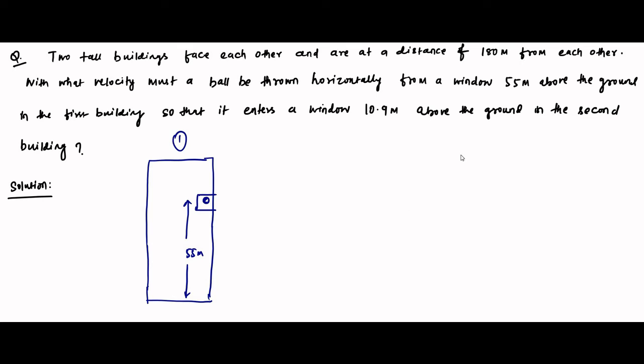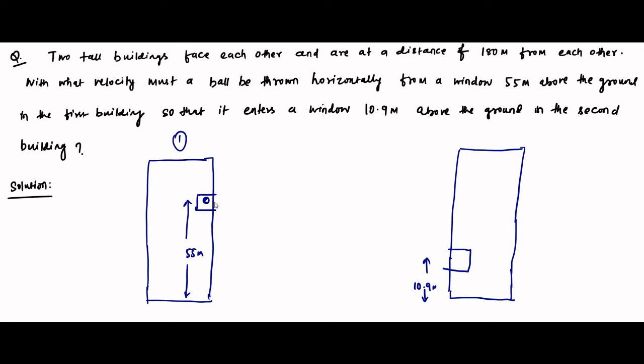And we have another building. Again, the height of the building is not mentioned. The thing which is mentioned is that there is another window in the second building which is 10.9 meters above the ground.